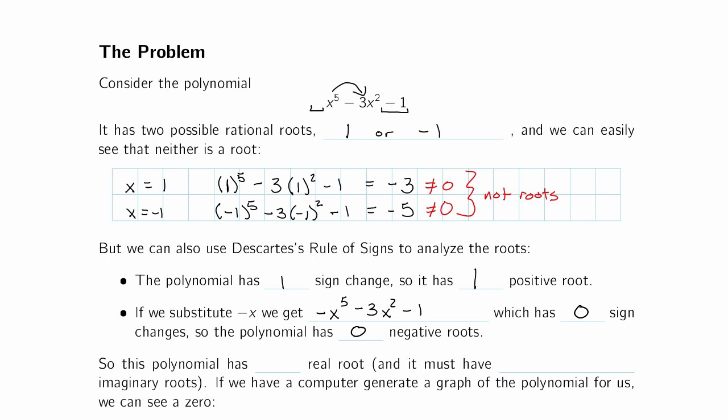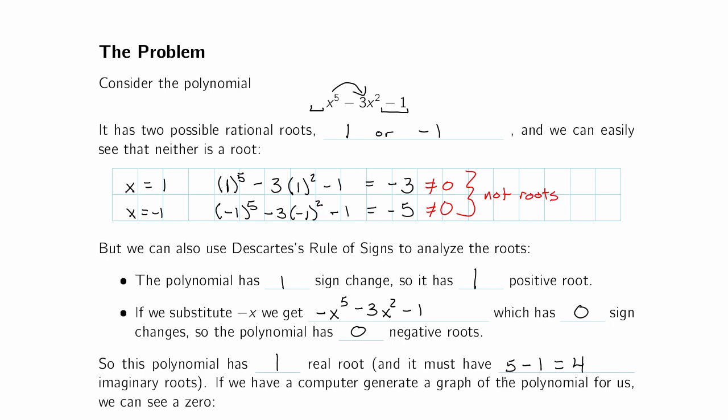So we have no negative roots. This polynomial has one root. It's degree 5. One is real, so it must have 4 imaginary roots. We're only going to be concerned with the real root here.